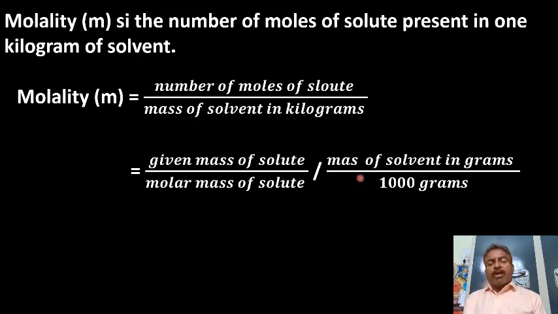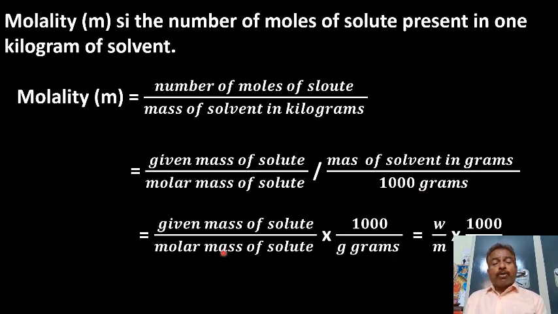If the mass of the solvent is given in grams, then it is to be converted into kilograms by dividing by 1000. Therefore, given mass of solute by molar mass of solute divided by mass of solvent in grams by 1000, which gives given mass of solute by molar mass of solute into 1000 by g grams. This is nothing but W by M into 1000 by g grams.